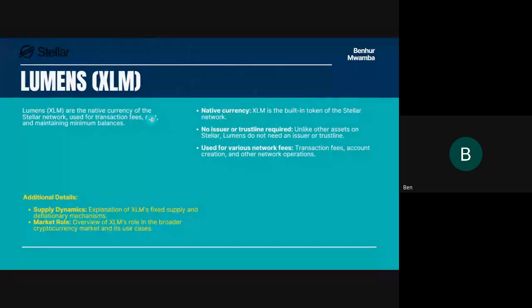Can someone quickly explain what you think about rent when we're talking about, okay, why in this case are we using XLM for rent? What does that mean? Can anybody explain what you understand by renting?